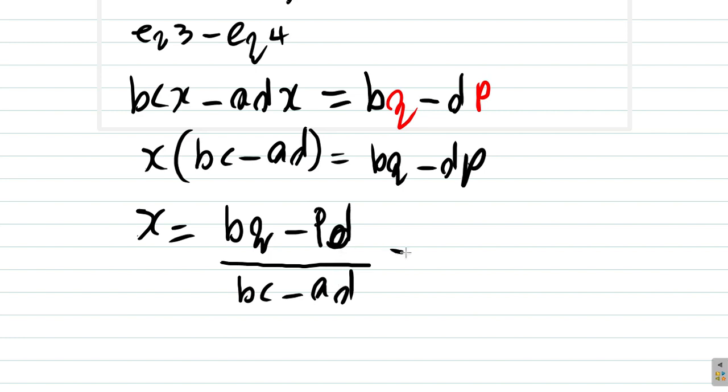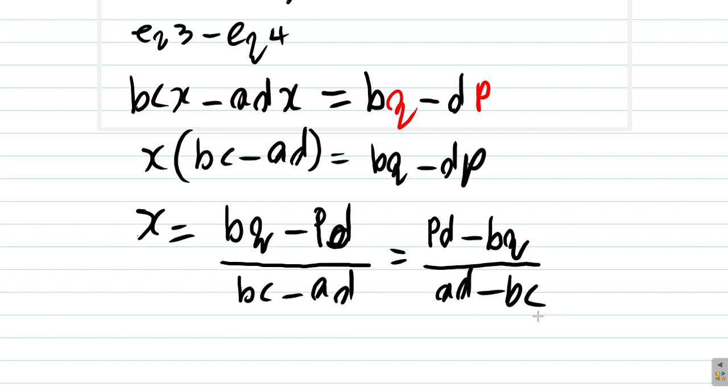Now let us multiply both the numerator and denominator by -1. This forms pd minus bq over ad minus bc.